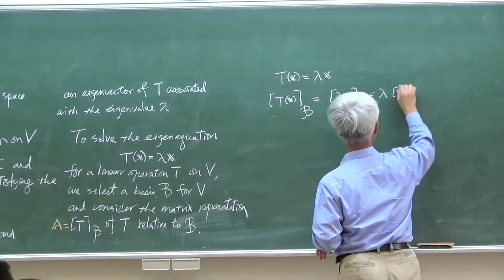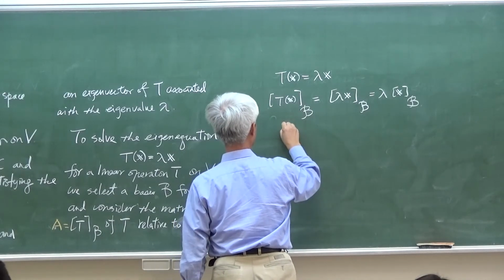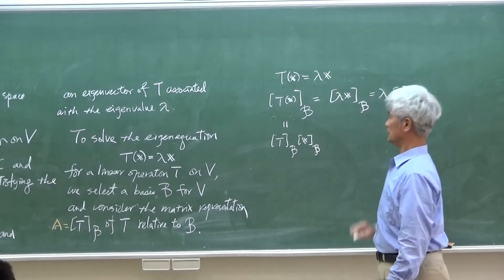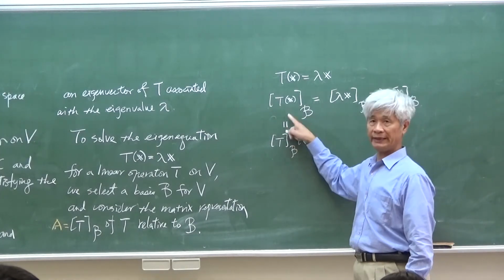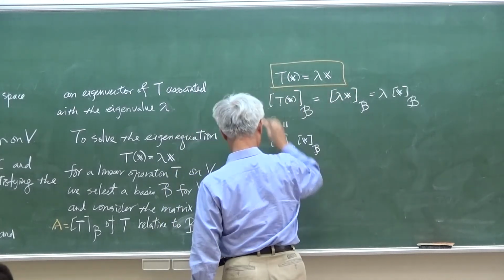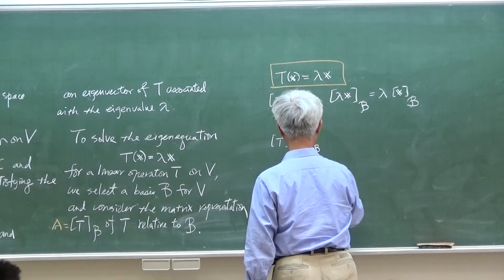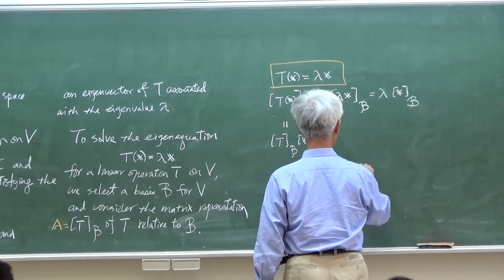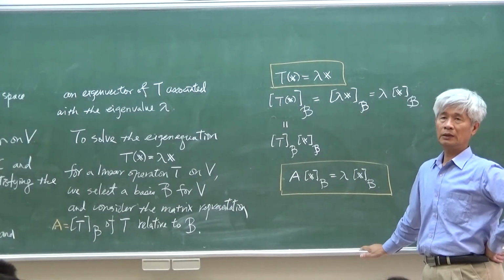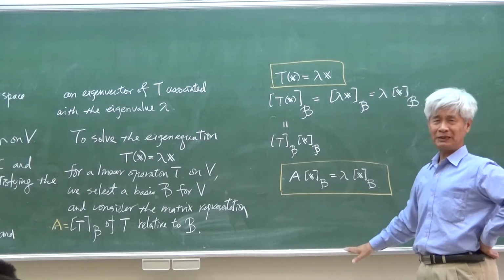So we turn this eigenequation into A times the coordinate vector of x equals λ times the coordinate vector of x, which is a matrix equation, and we are familiar with how to solve it. This is only a system of linear equations.